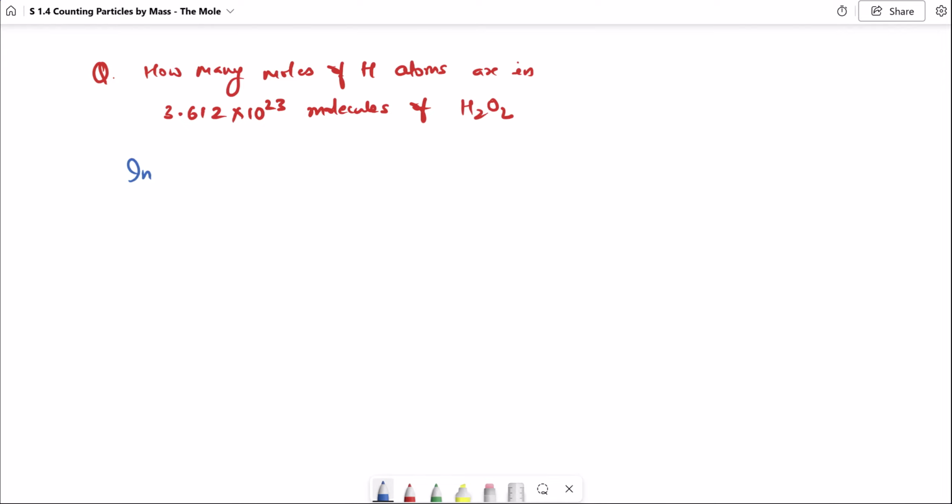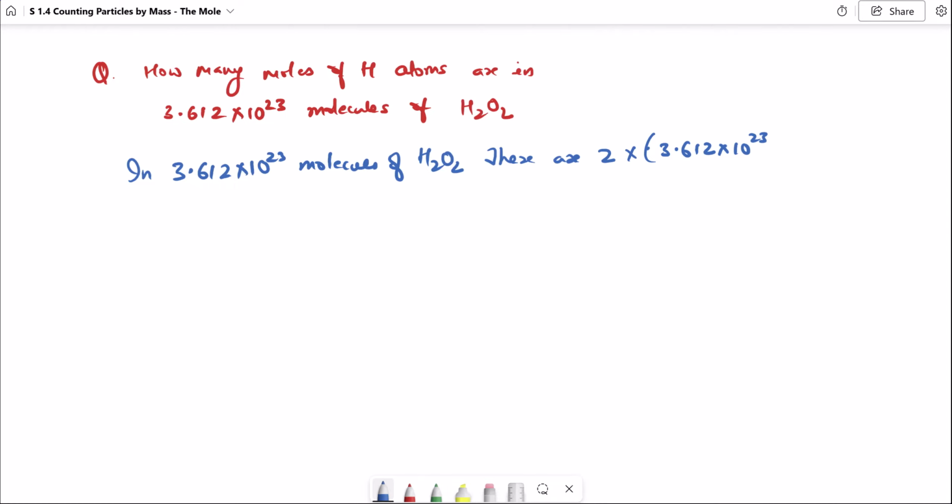In 3.612 into 10 to the power 23 molecules of H2O2, there are 2 into 3.612 into 10 to the power 23 atoms of hydrogen, because there are two hydrogens in each molecule, so that's why 2.